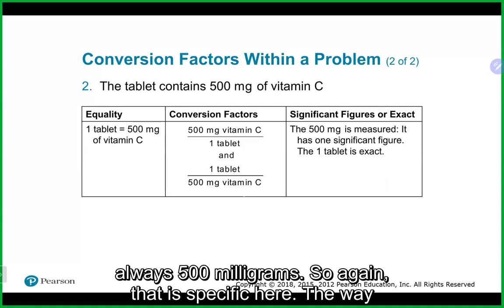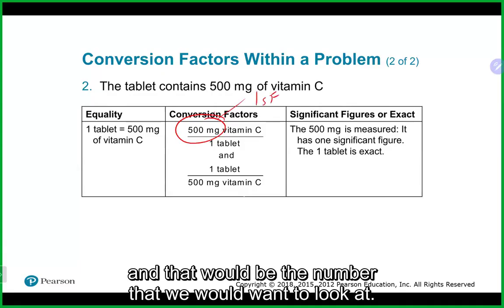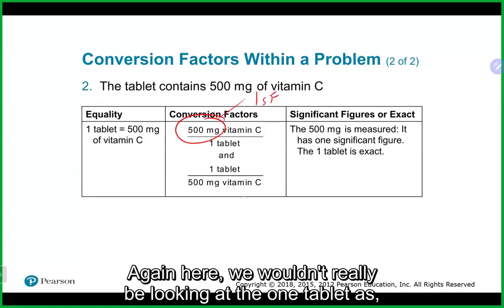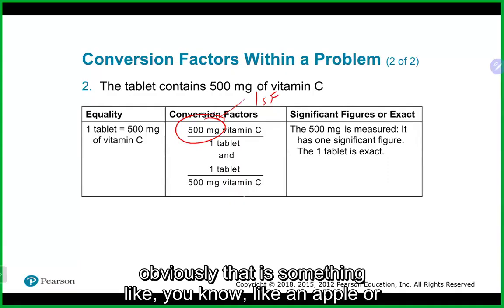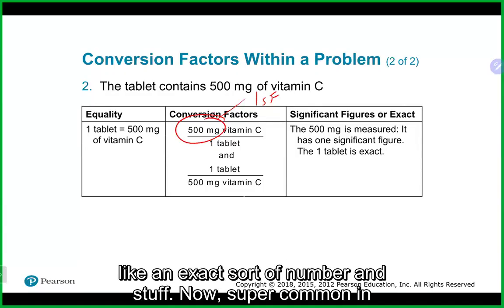So it's not always 500 milligrams. So again, that is specific here. The way this is technically written, it has only one significant figure, and that would be the number that you would want to look at. Here we wouldn't really be looking at the 1 tablet, as obviously that is something like an apple, which would be considered more of an exact number.